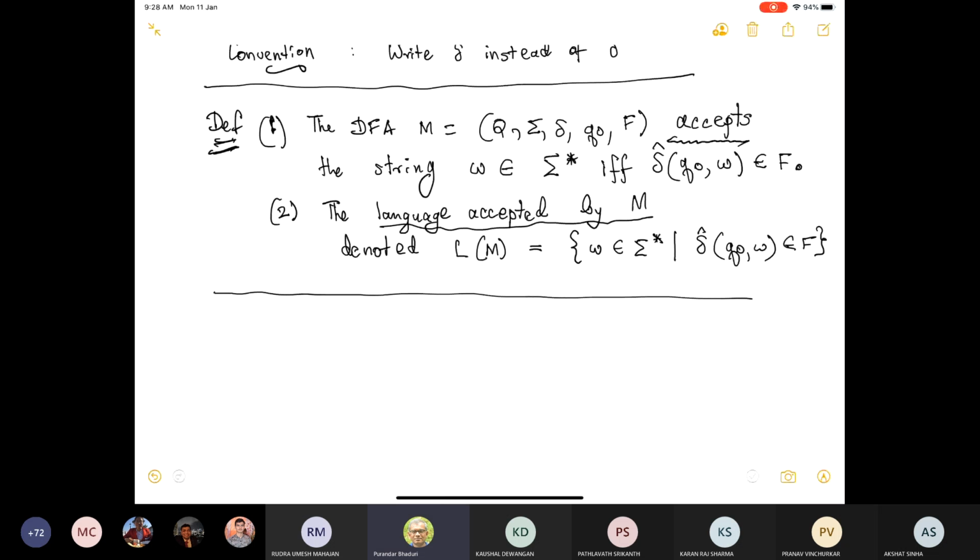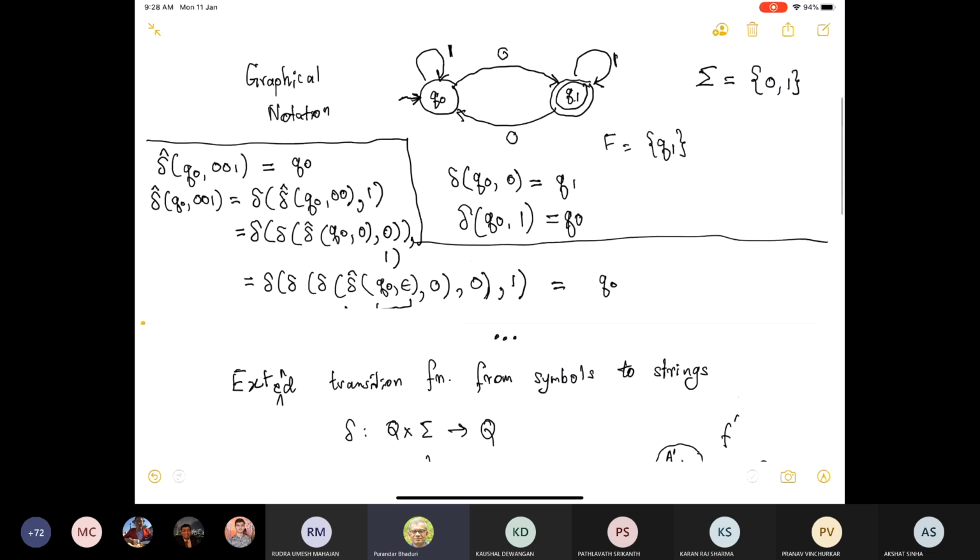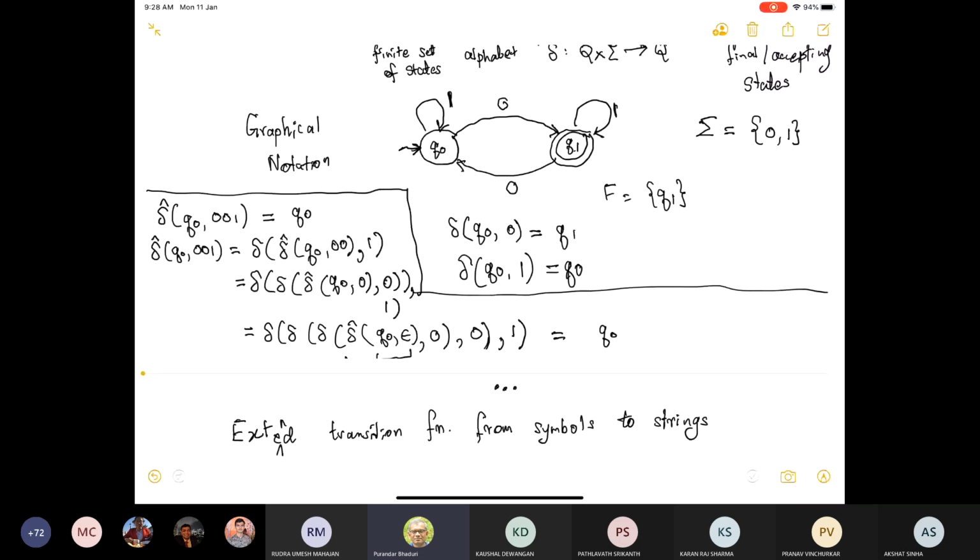To illustrate this, we can go back to our example, and I'll take lots of other examples. So what are some of the strings that are accepted by this DFA? Well, the string 0 is accepted because it takes the machine from Q0 to Q1, and Q1 is a final state.